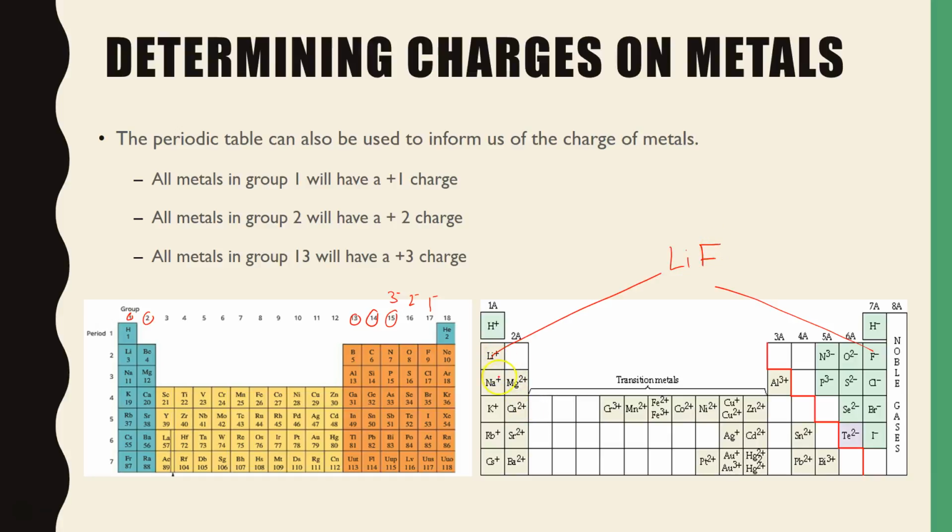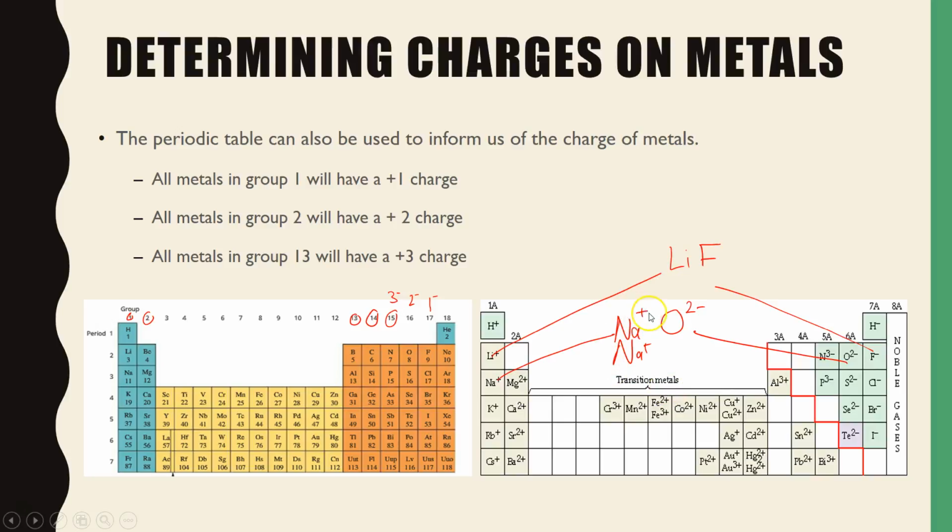Whereas sodium could pair with oxygen, but since oxygen has to gain 2 electrons and sodium only loses 1, you would need 2 sodiums to satisfy the 2 electrons that oxygen requires.